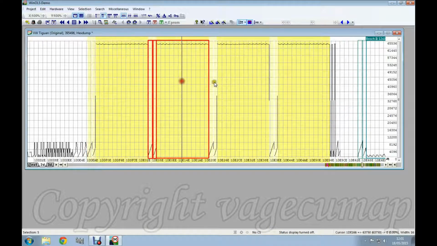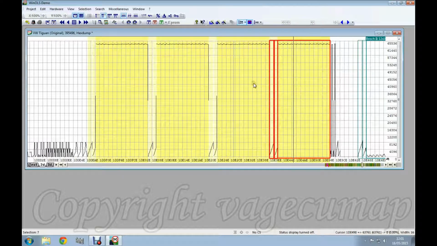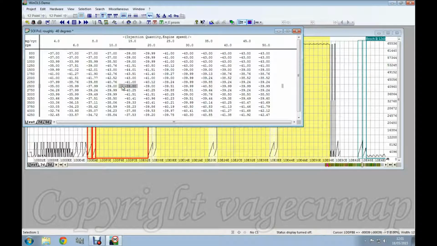These are almost certainly post-injection maps, but true post-injection maps, and they're often referred to as post-injection 1, and they often have the same value no matter what file you look in. So in other words, you look at the file, they're all in the region of minus 40 degrees.